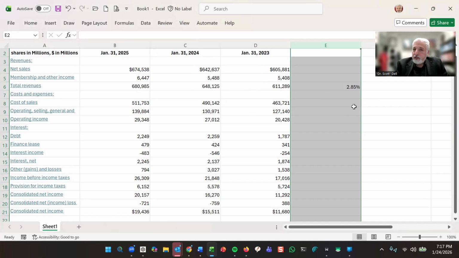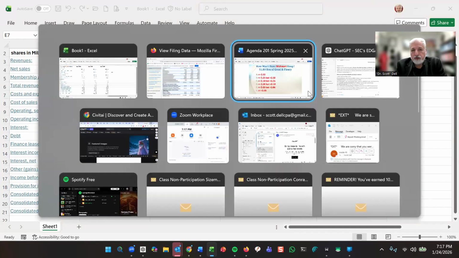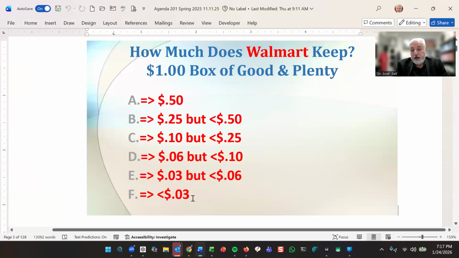So I have 2.85% based on 100% of total revenue. That tells me that the proper answer to the original question is 2.85 cents, under 3 cents.